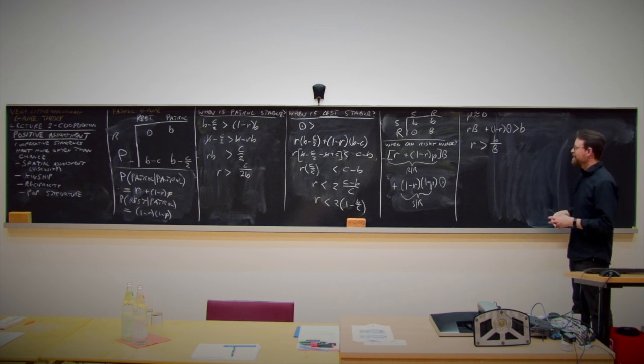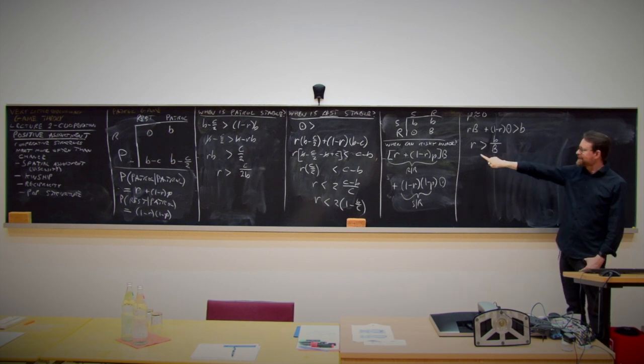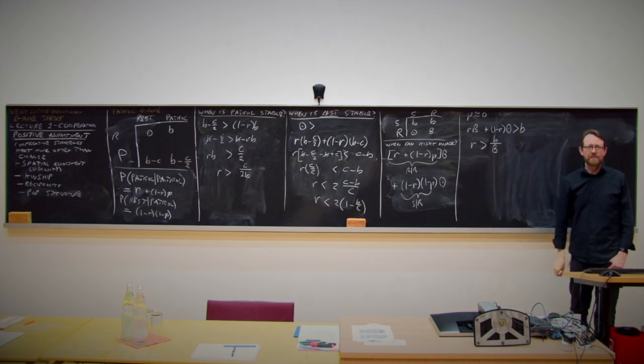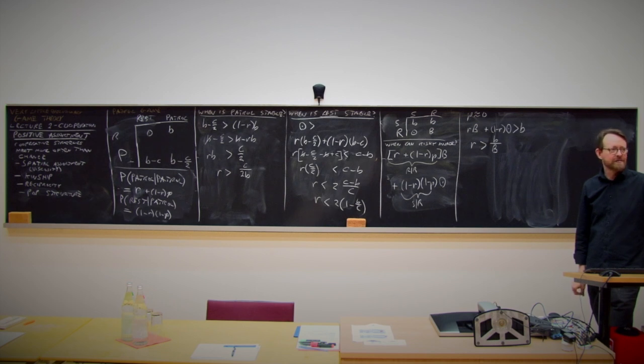There's assortment going on. So if big B is big enough, say this is 1 over 10, then you don't need very much assortment to get this to work. Just 1/10 of the time, you meet the same type, and that's enough to make it work. It's not a big requirement.